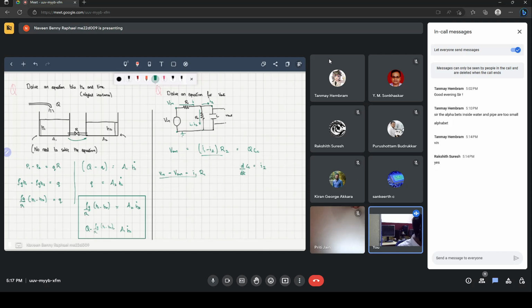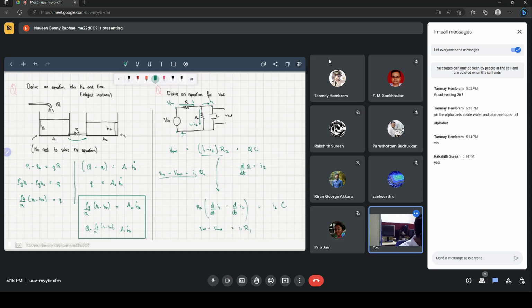Usually what we will do is rewrite this system as d by dt of I1 minus d by dt of I2 into R2 is equal to I2 into C. And we also have V in minus V out is equal to I1 into R1.